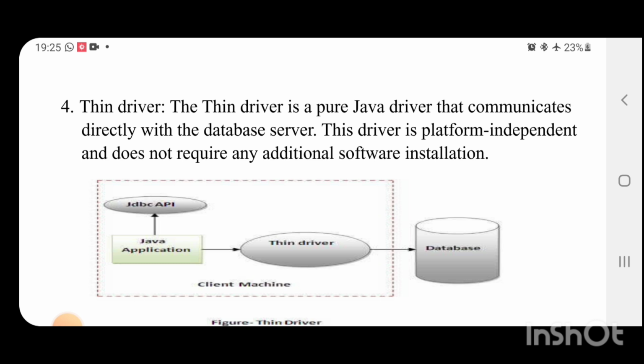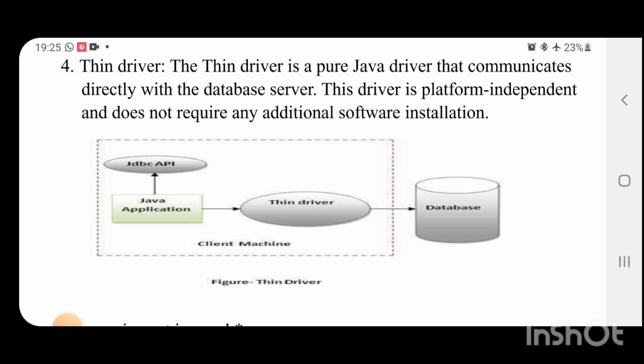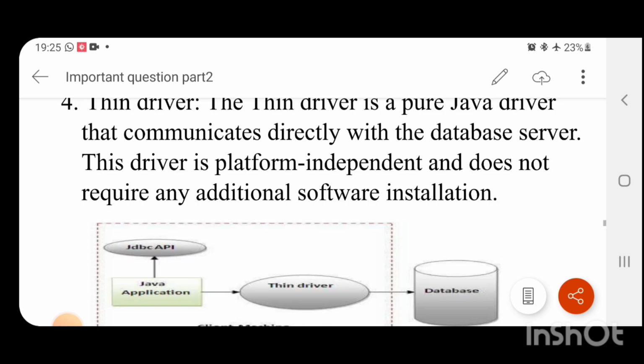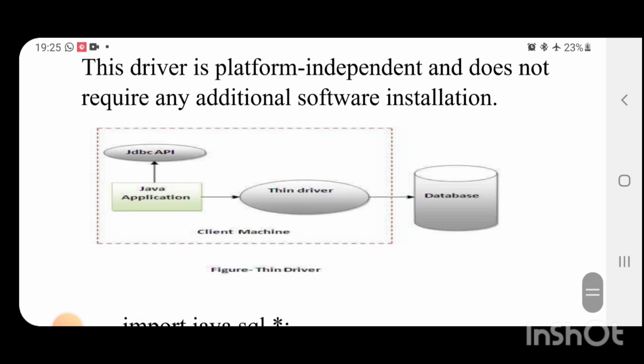Another one is the thin driver. To overcome all the disadvantages of the three drivers, the thin driver is there. In the case of the thin driver, the driver is completely written in Java, and it is platform independent.